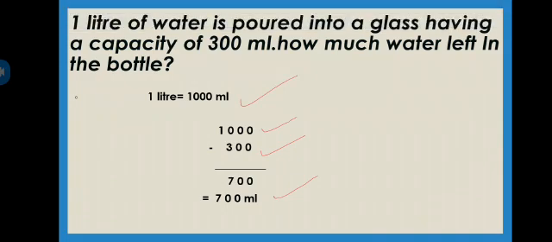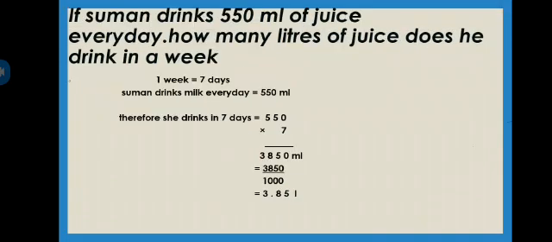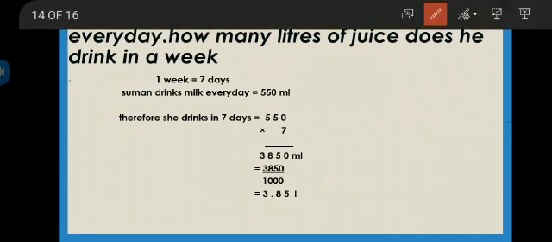Okay. So, another example: if Suman drinks 550 ml of juice every day, how many liters of juice does he drink in a week? So students, you all know that 1 week is equal to 7 days. Suman drinks 550 ml every day.